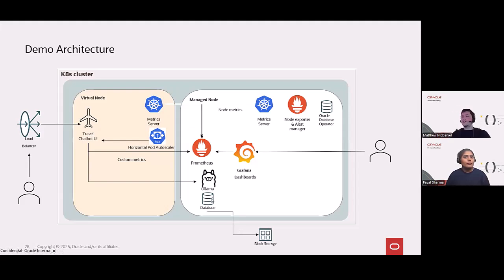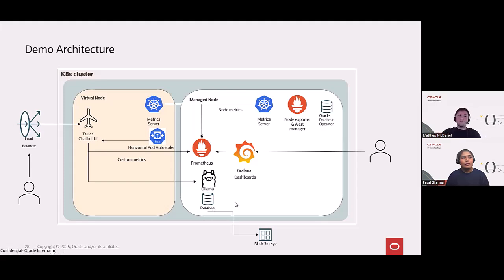Now, this is actually the reason we have the two separate nodes here, because these nodes are here to excel in their niche. In virtual nodes, I want this chatbot UI to scale. I don't want to worry about using a cluster autoscaler to scale managed nodes. I want to use virtual nodes because I can scale to a greater amount of pods using that.